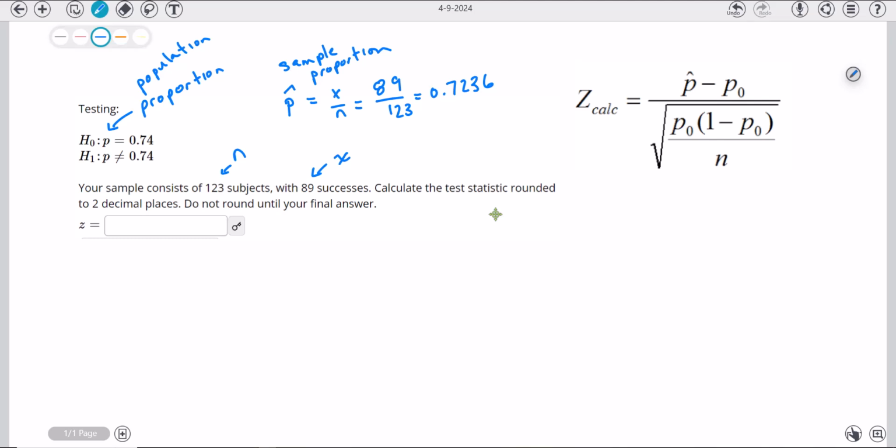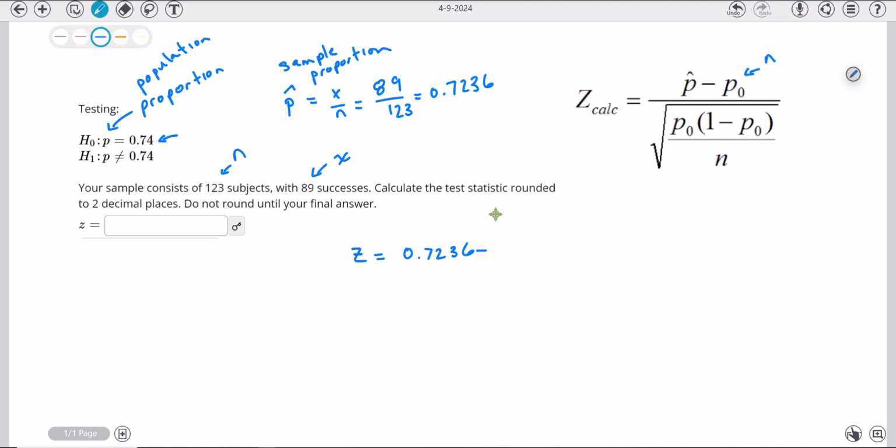You can see over here with my formula to find my Z value, I am simply just going to plug everything in. So 0.7236 minus my proportion.